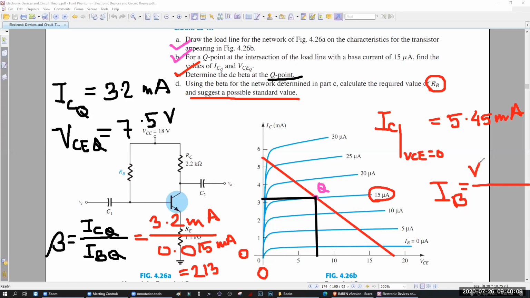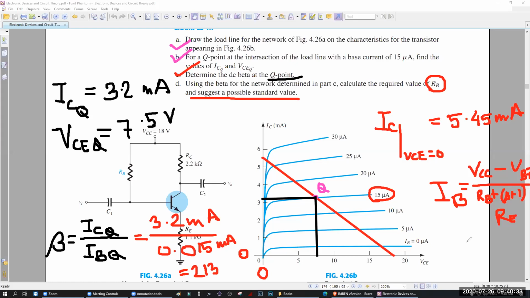Yes. So if you apply KVL, your IB will be like this: VCC minus VBE divided by RB plus beta plus 1 times RE, right?